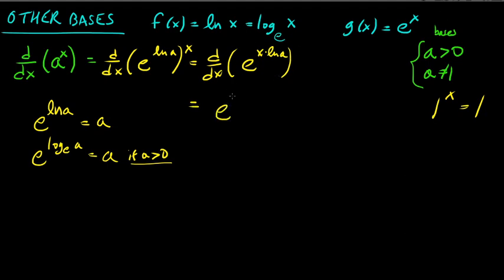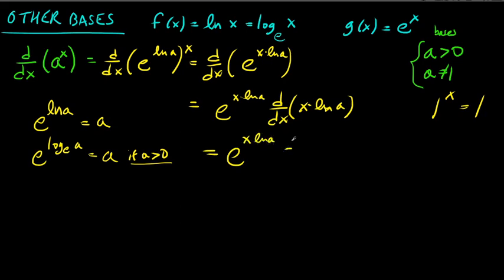It's just e to that power. And then by the chain rule, we have to multiply by the derivative of x times natural log of a. But we know what the derivative of 3x is. The derivative of 3x is 3. The derivative of log a times x is log a.